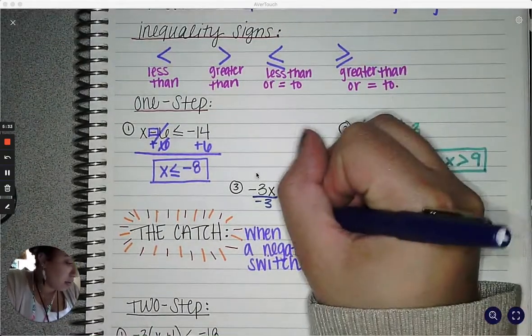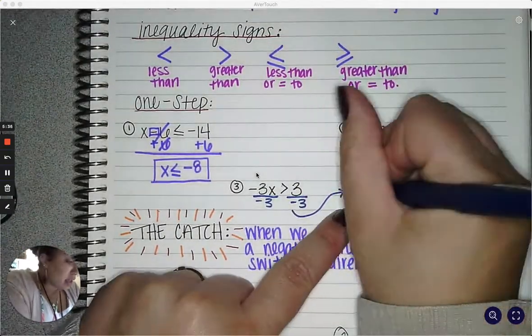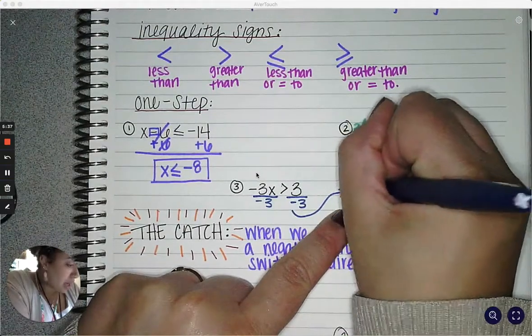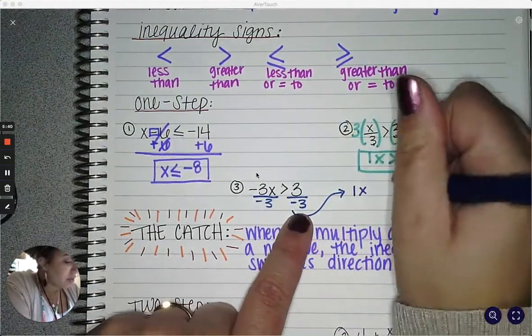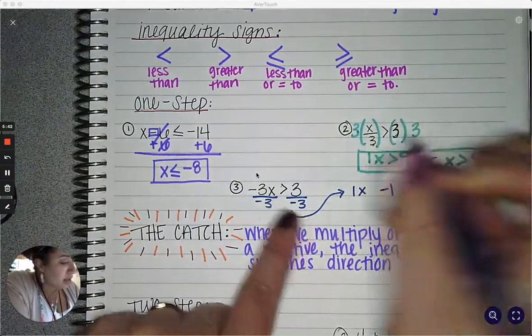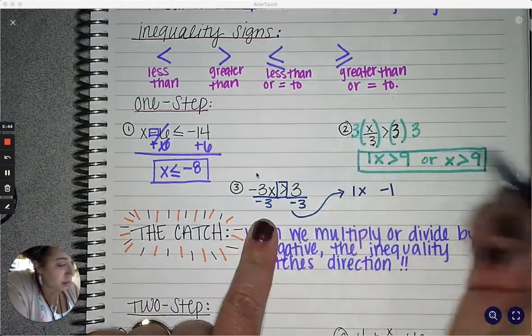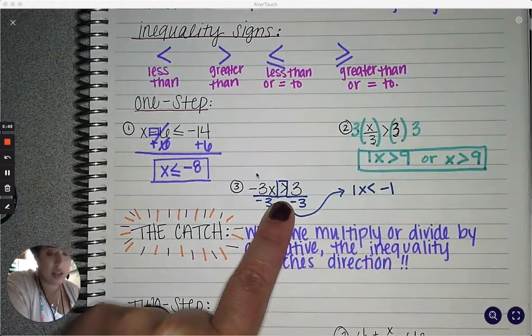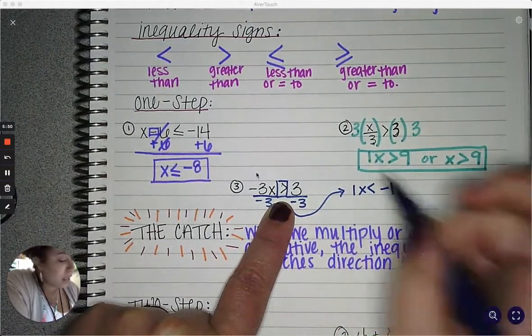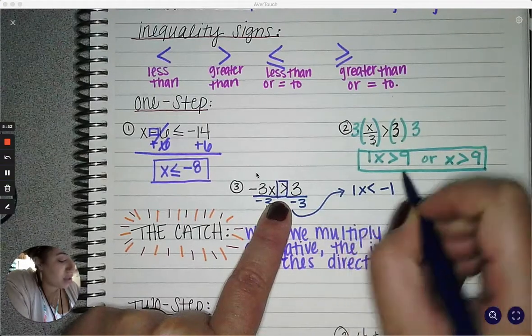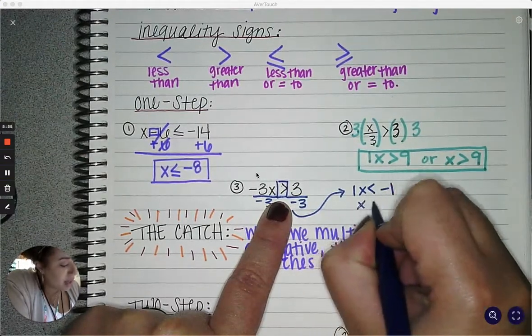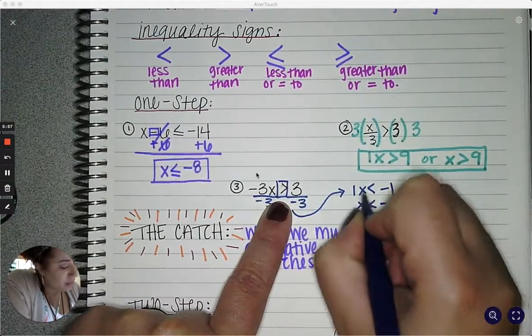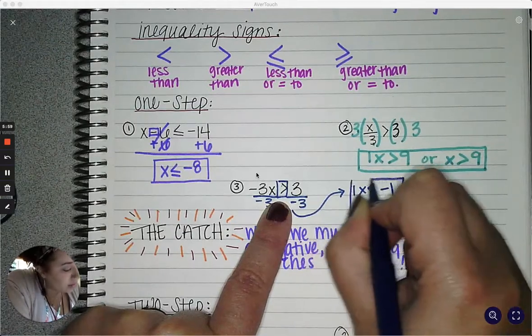So when I divide, I get 1x, and then 3 divided by negative 3 is negative 1. But this greater than symbol is actually going to change to a less than symbol. Okay, so notice how all it did was change directions. So we have x is less than negative 1. So either of these are acceptable.